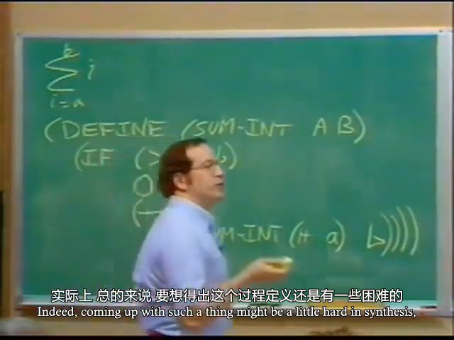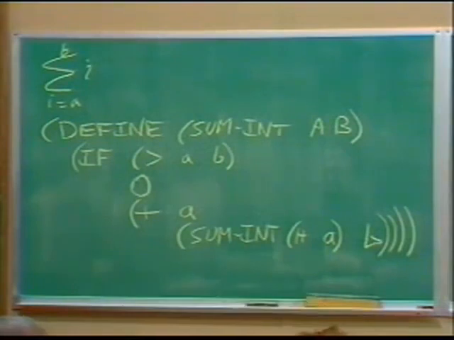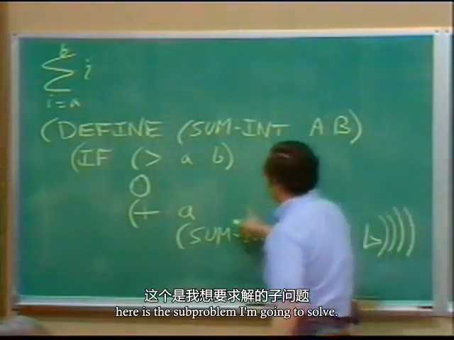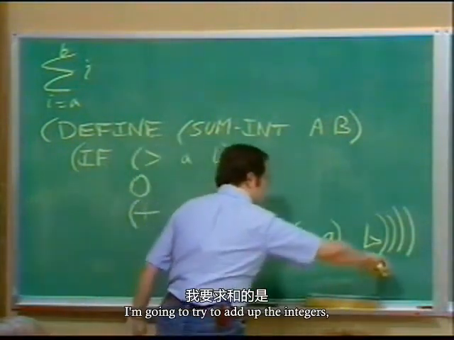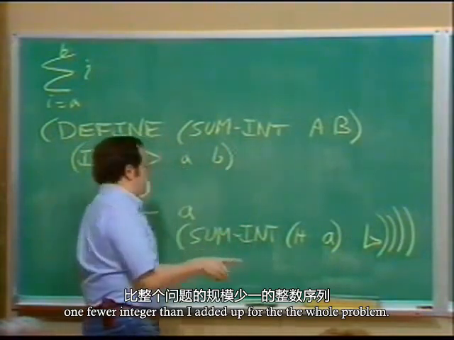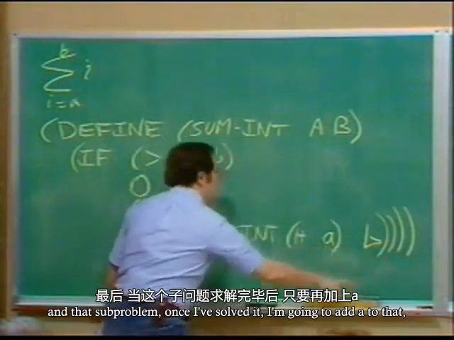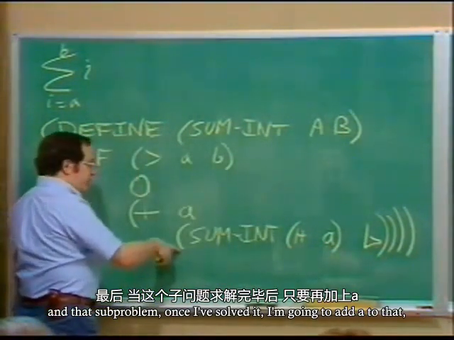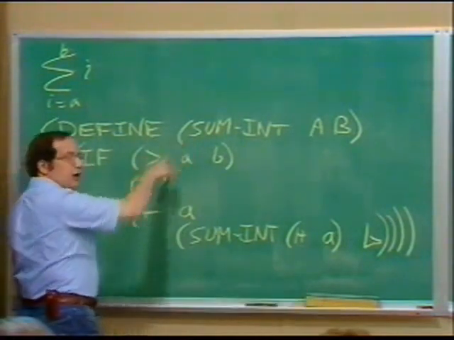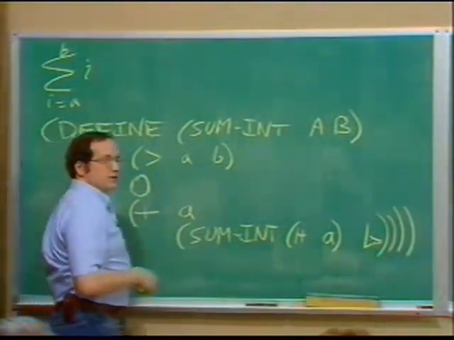Indeed, coming up with such a thing might be a little hard, the synthesis, but being able to read it at this point should be easy. And what it says to you is, well, here is the sub-problem I'm going to solve. I'm going to try to add up one fewer integer than I added up for the whole problem. And that sub-problem, once I've solved it, I'm going to add A to that, okay, and that will be the answer to this problem. And in the simplest case, I don't have to do any work.